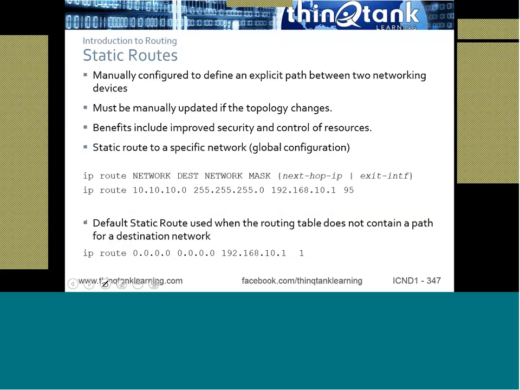But what I will say is that if this particular router that I put this default route in doesn't have a route to a destination for a specific packet, it will send it to that address, 192.168.10.1. So routers with a default route will never drop a packet. Security configurations aside, if you have some policies to force the router to drop packets, but from a routing perspective, a router with a default route will never drop the packet. All right.